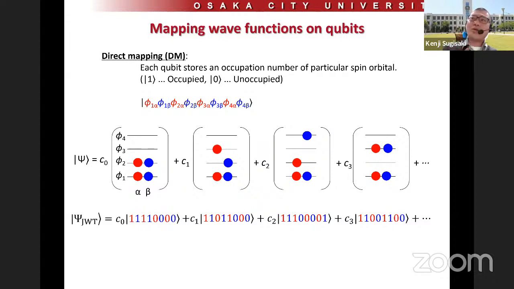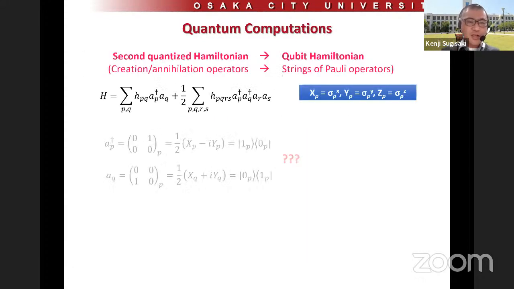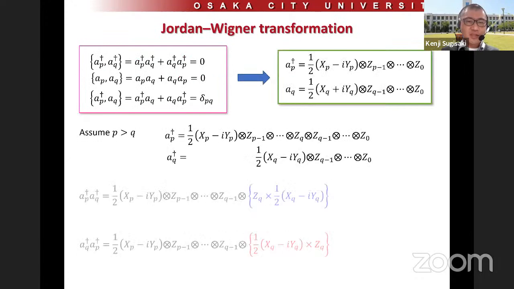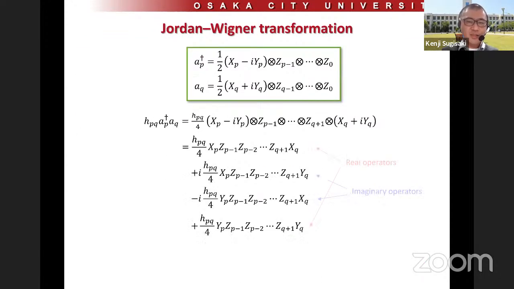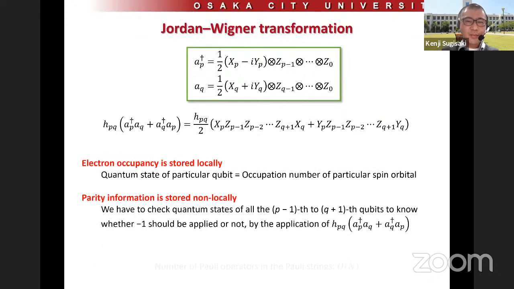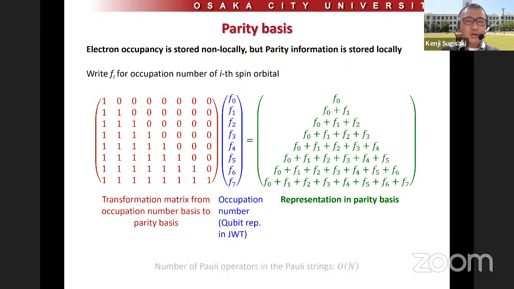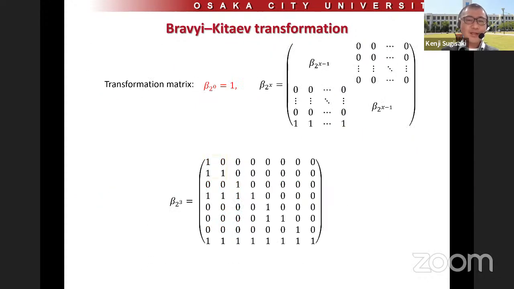And let's think about the 1000 state. This corresponds to a 1-electron state, so it corresponds to the cation state of the hydrogen molecule. So the number of 1s is always 2 in the hydrogen molecule. In order to use this symmetry, we can reduce the number of qubits needed to store the wave function. And this approach is known as the compact mapping.